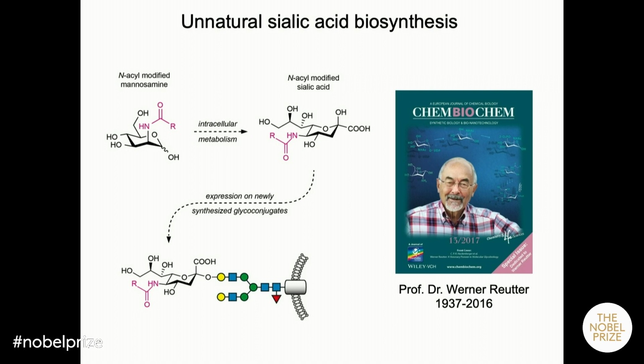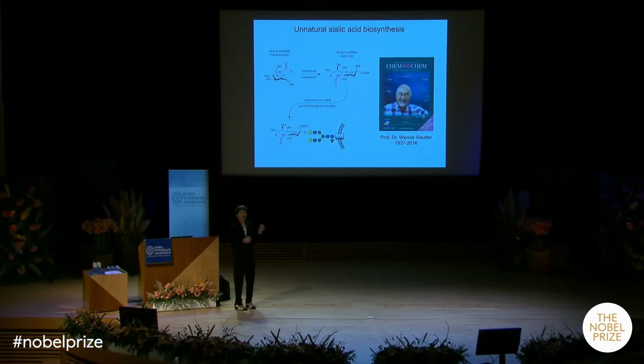And when I saw that talk, a thought came to mind, which was that maybe we could put a chemical group that's reactive at that position. And once that chemically reactive group appears on the surface of the cell, we could chemically attach an imaging probe.